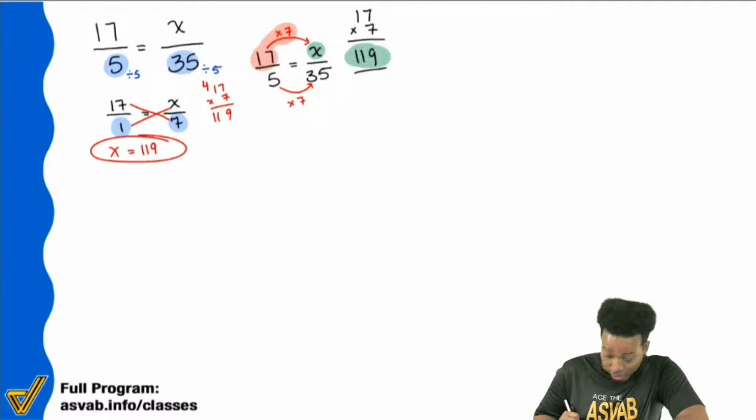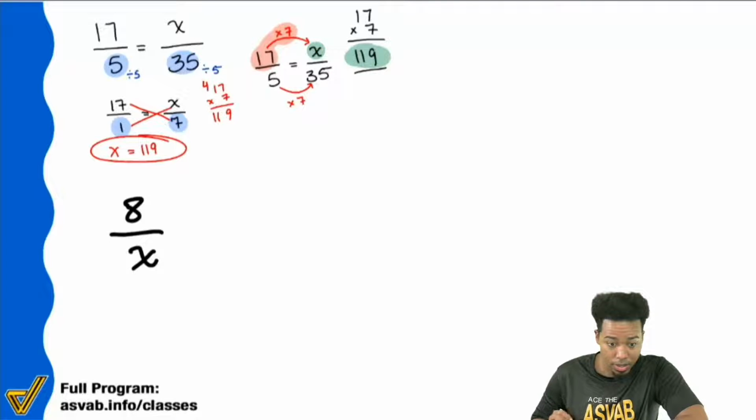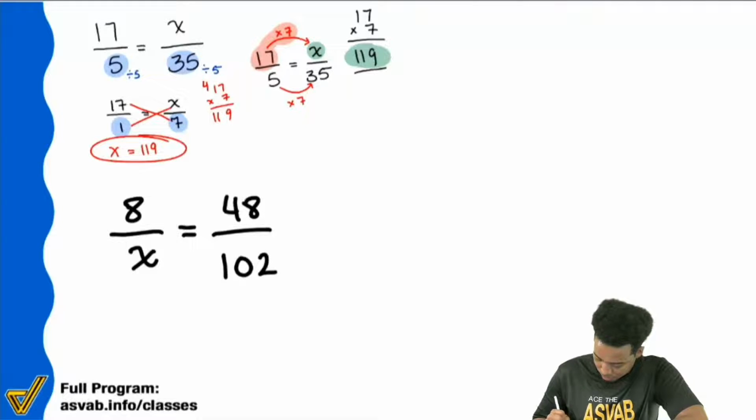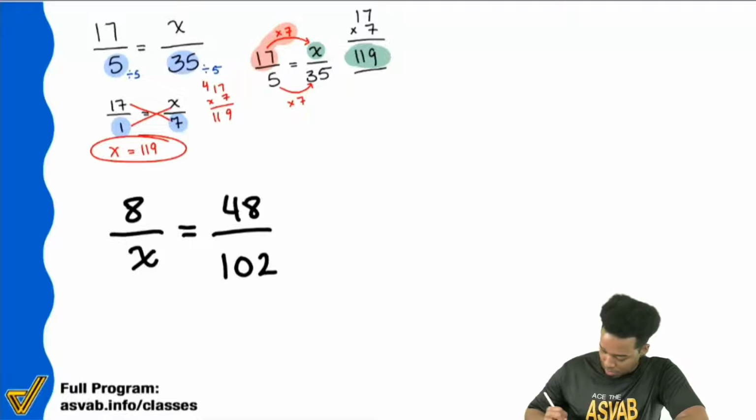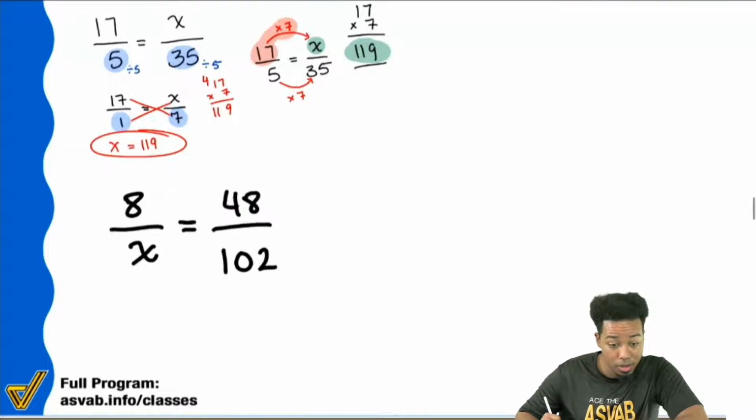We're going to have 8 over x, and then that's going to be 48 over 102. Then up next, for the next one, let's try. Oh, that's interesting.